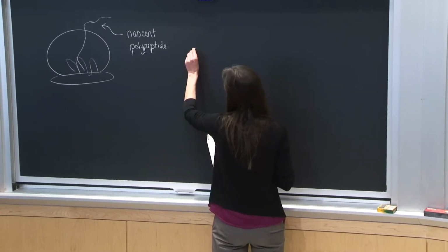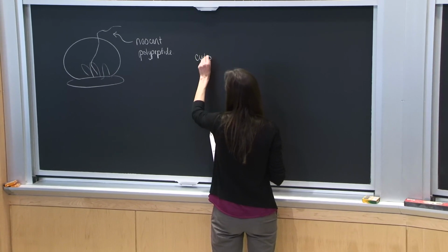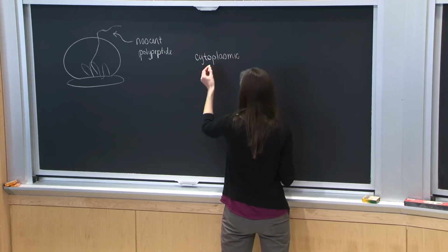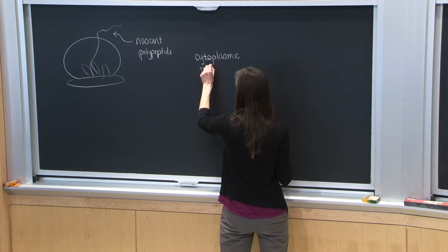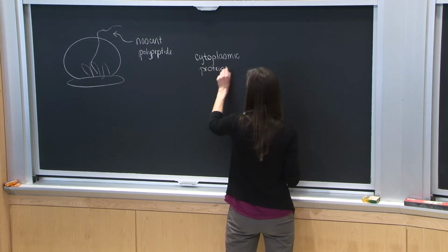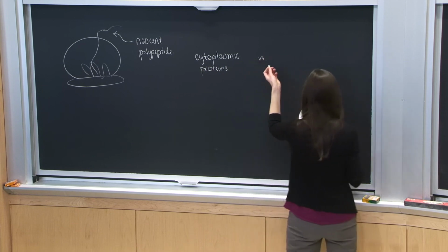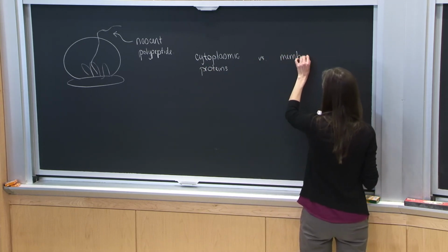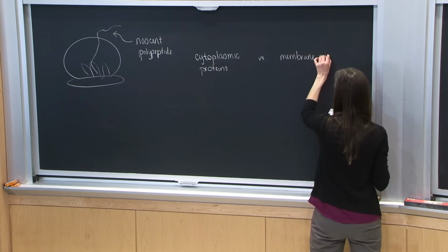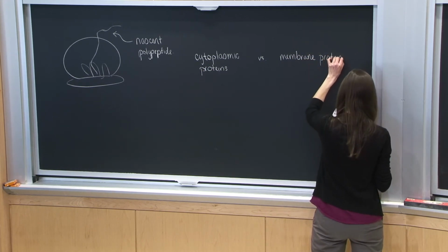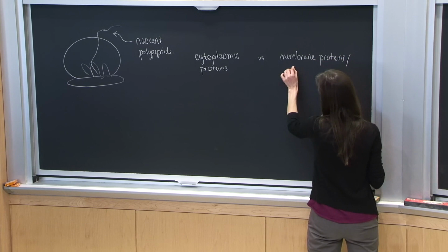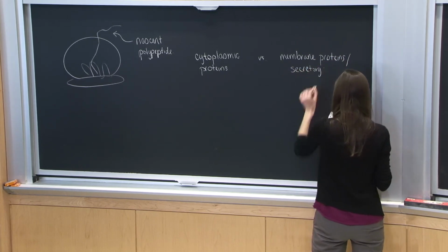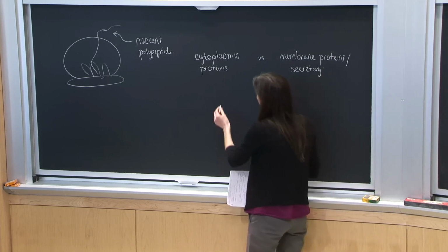And so we can think about cytoplasmic protein, versus membrane proteins, or in eukaryotes, the secretory pathway here.